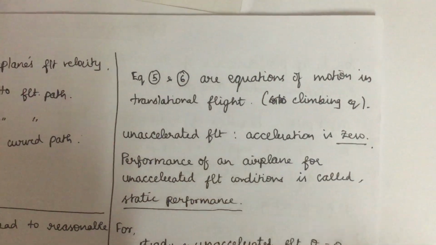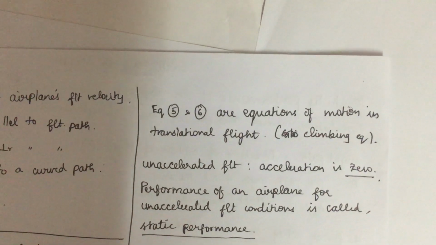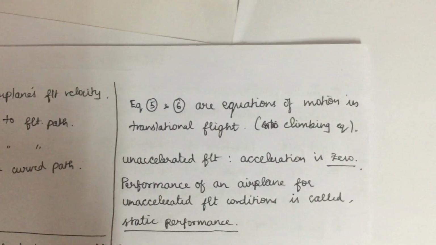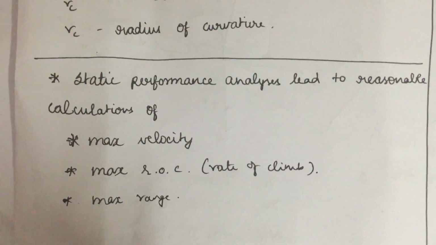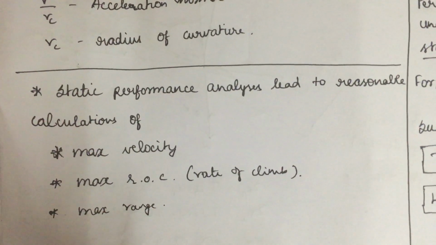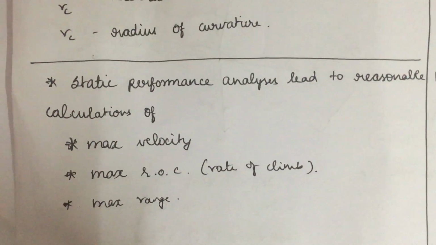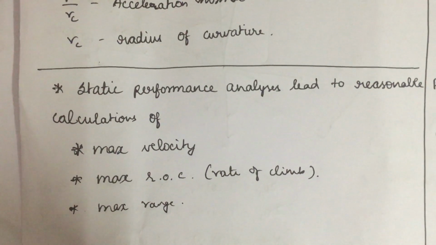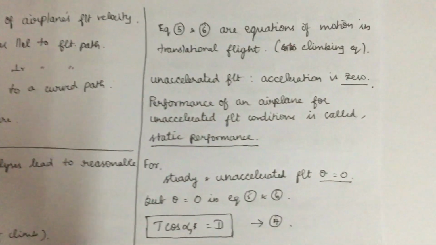When you have a steady level flight with unaccelerated flight conditions, we will be able to calculate a few things like your maximum velocity, maximum rate of climb, and maximum range. These calculations can be obtained using the static performance analysis of an unaccelerated flight.